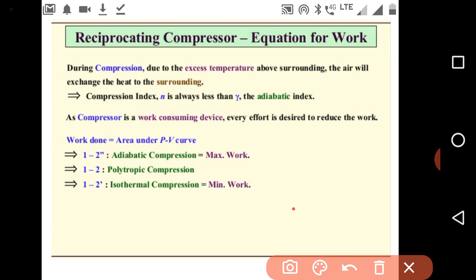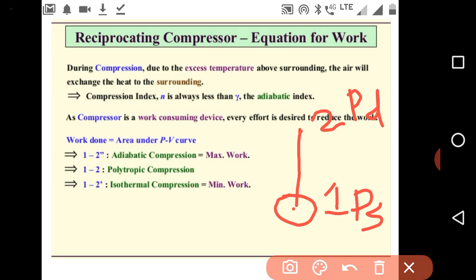This is point number one, at which suction air is supplied to the compressor, and we are compressing it to higher pressure. This is point number two. This is the discharge pressure, and here it is the suction pressure.